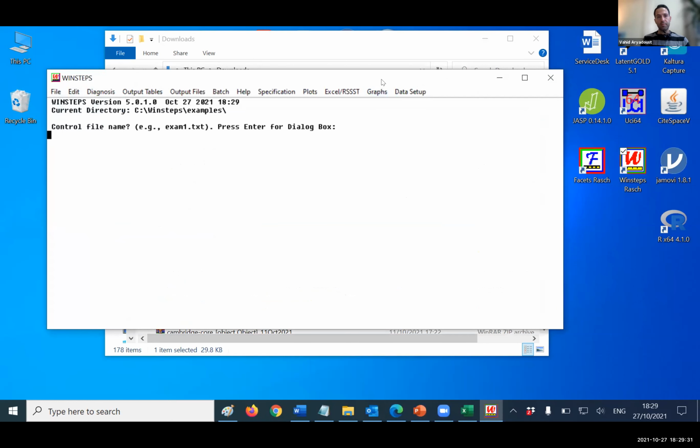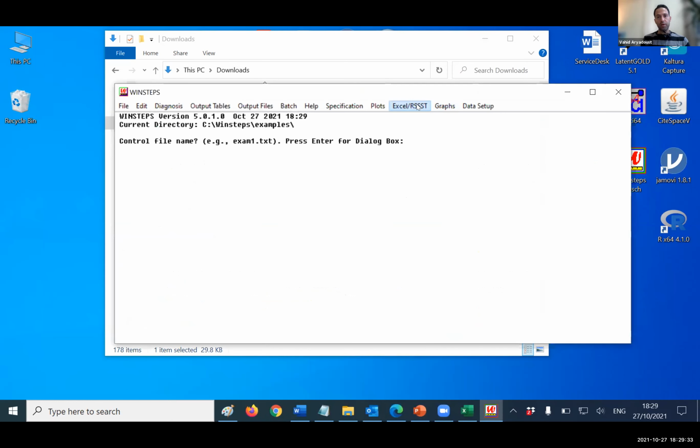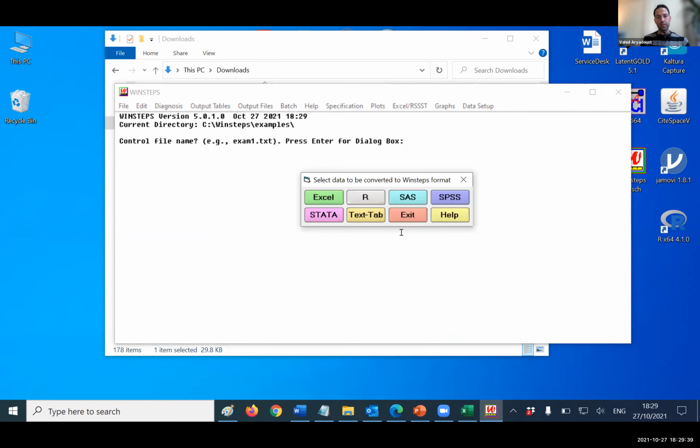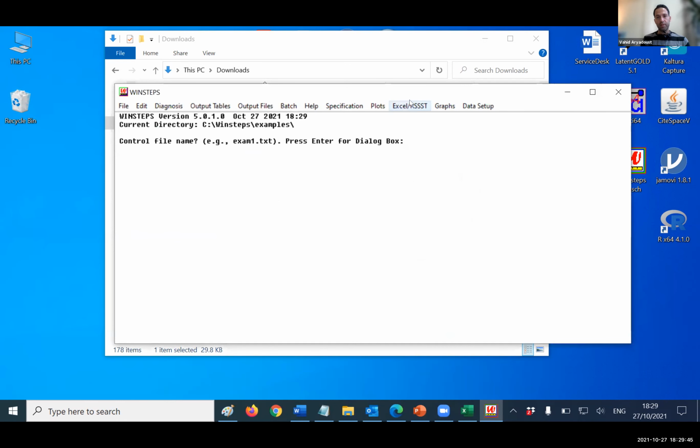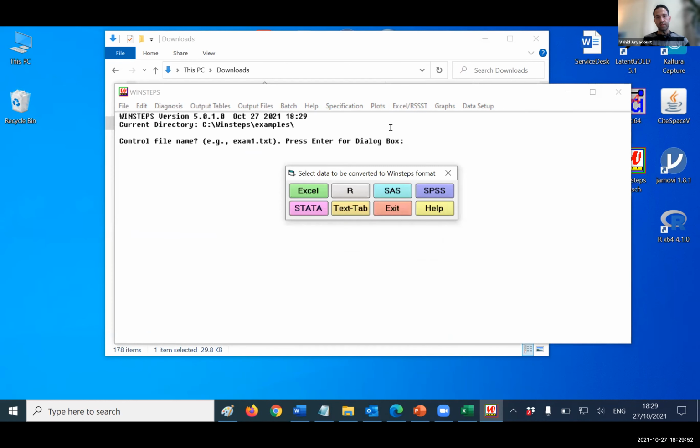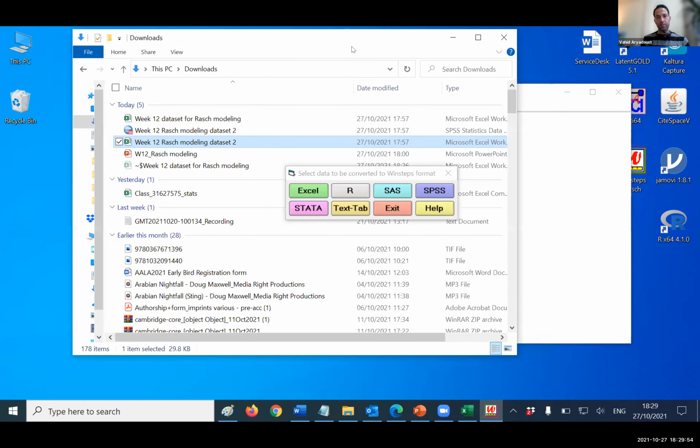Okay, this pops up, and some of you also have this little window that's there. Do you also see that? If you can't see this window, this little one here, click on Excel RSSST and you will see it. So that's the first step towards our data analysis.